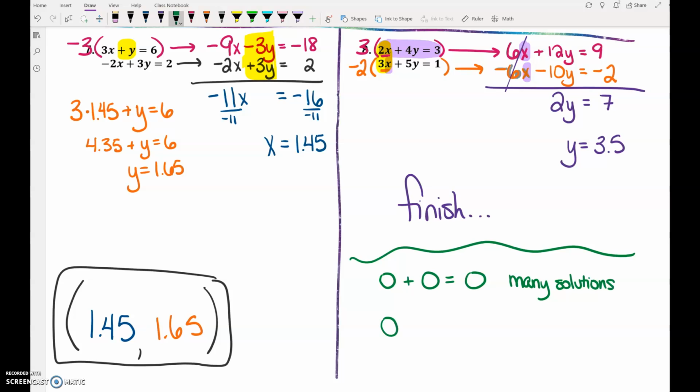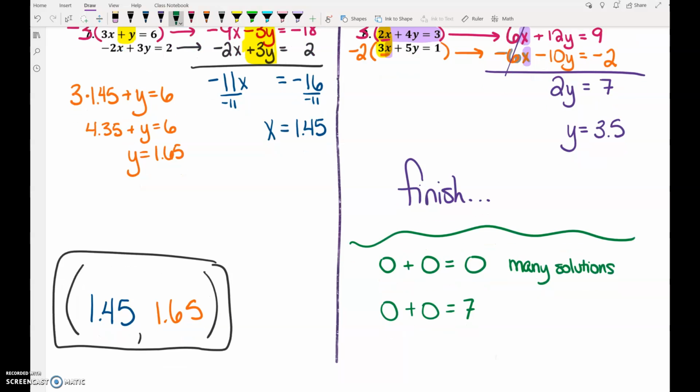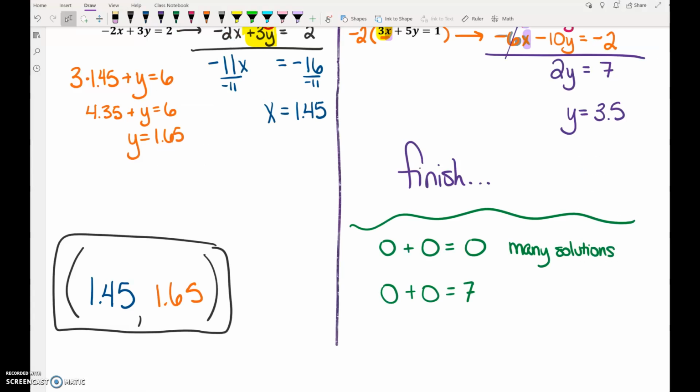If your variables all eliminate and you're left with a number, does 0 equal 7? No, that would be no solutions. So same kind of rule like we had during the substitution. If your variables eliminate and it's true, many solutions. If your variables eliminate and it's false, no solutions.